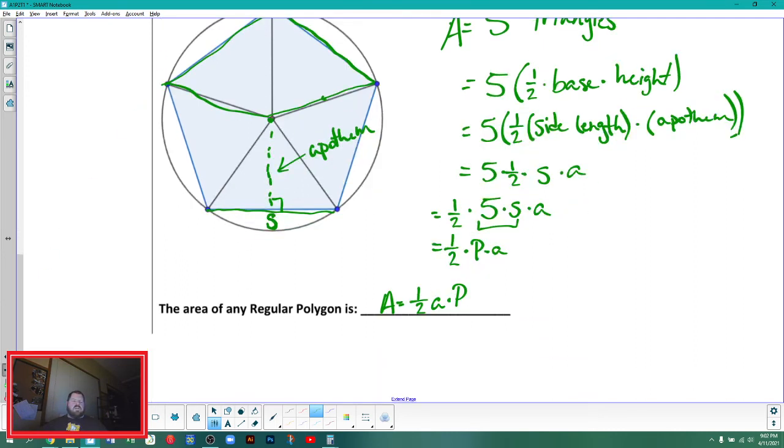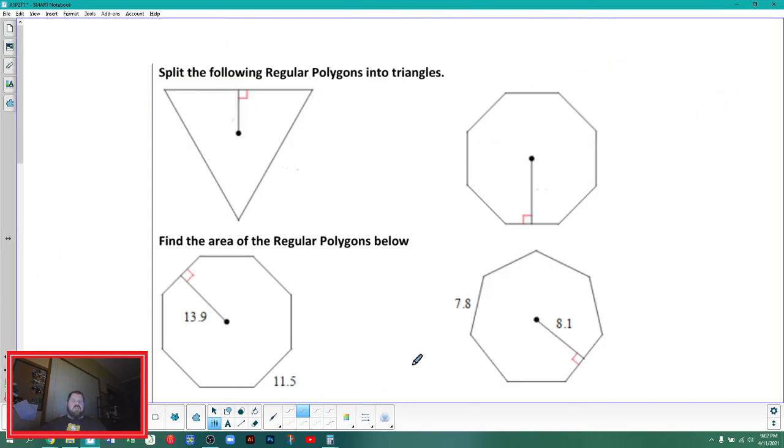Okay, let's give some of these types of problems a shot. The first thing I want to do is to split each one of these regular polygons into triangles. This is called a triangle decomposition. I'm going to use a straight line just because I can, and it looks a little bit better. Every one of these points given to me is the center of the circle that went around it.